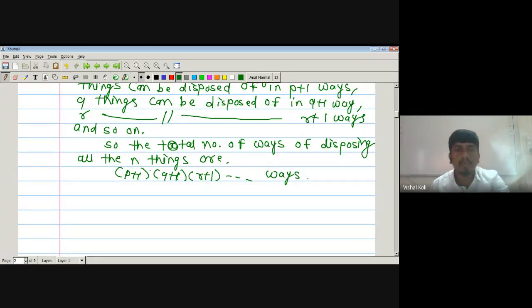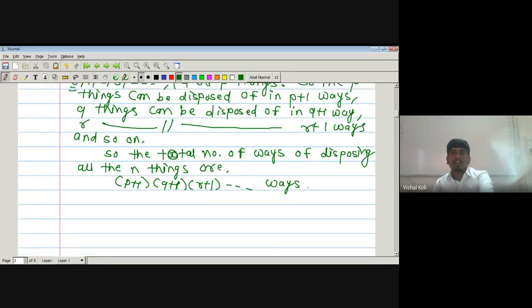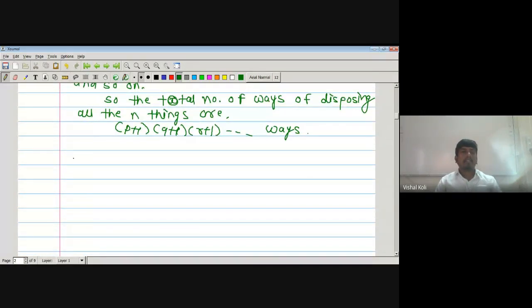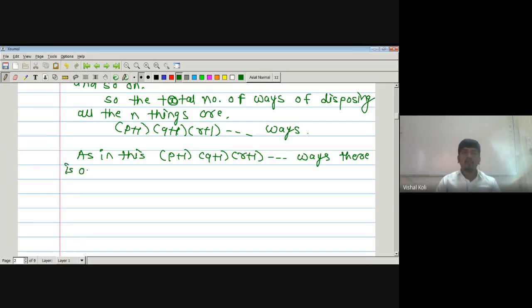But in these (p plus 1) into (q plus 1) into (r plus 1) up to so on ways, there is one possibility in which all the things are left out or rejected.